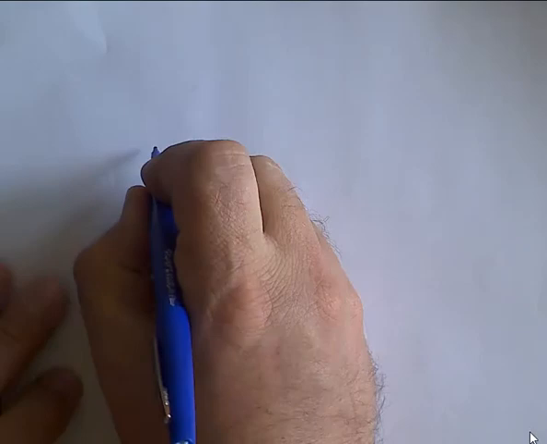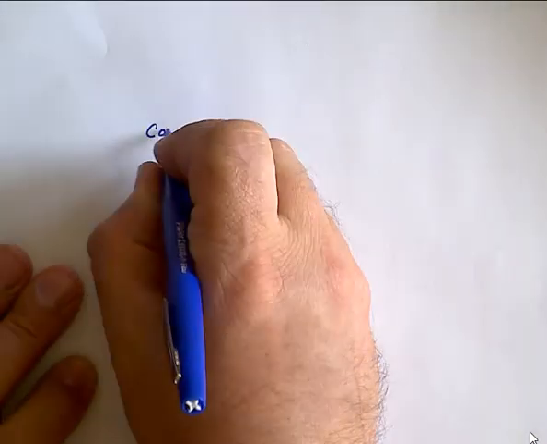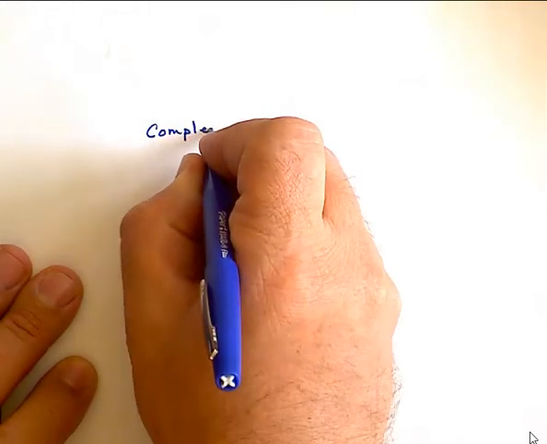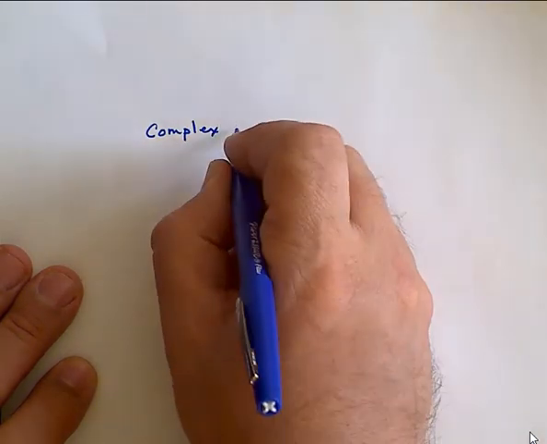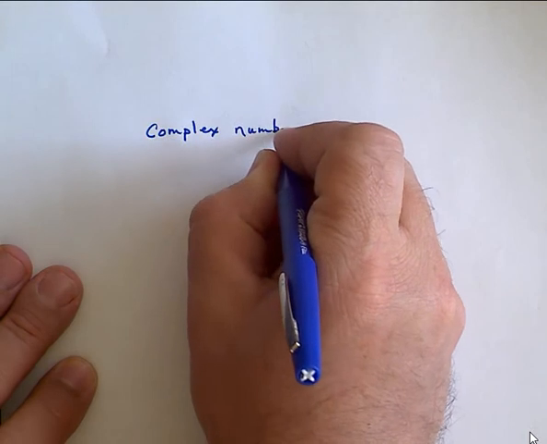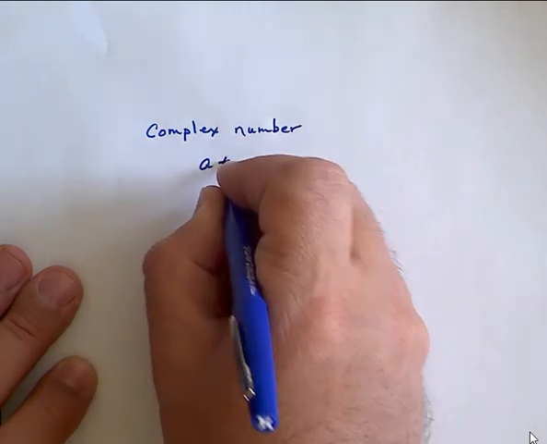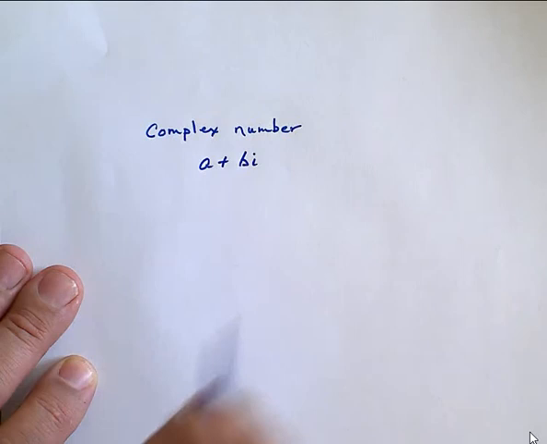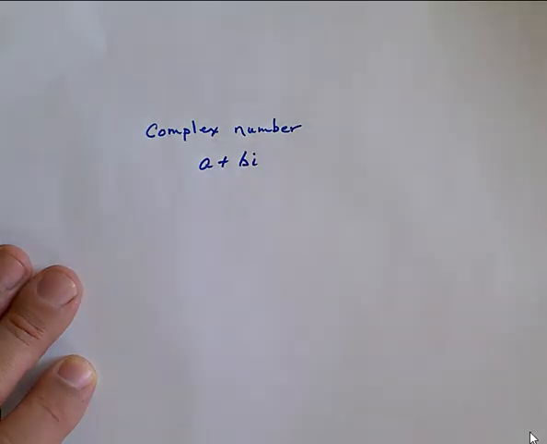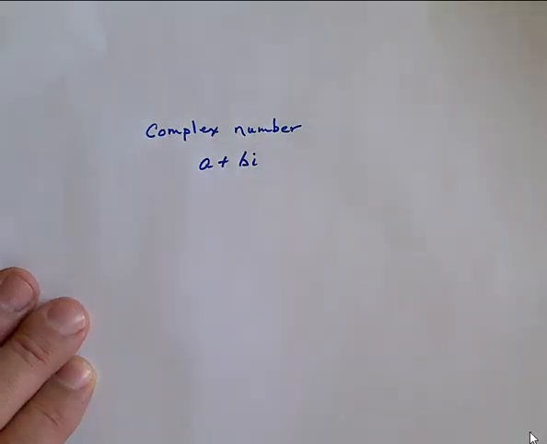But the first thing involves complex numbers, which we've talked about, numbers that are in the a plus bi form. Now, those numbers can represent solutions to a polynomial function.